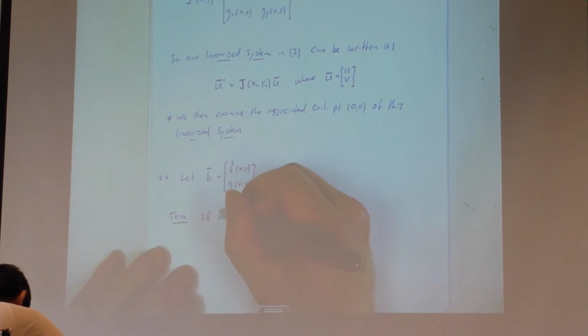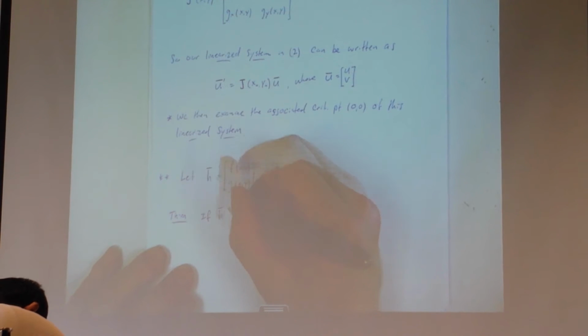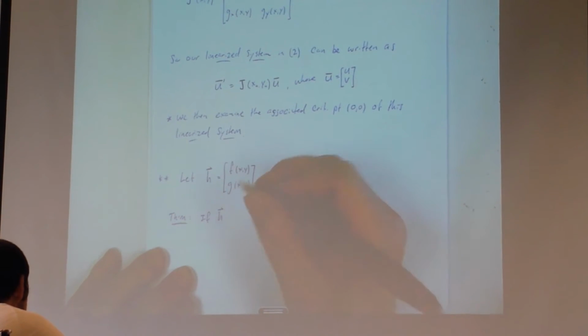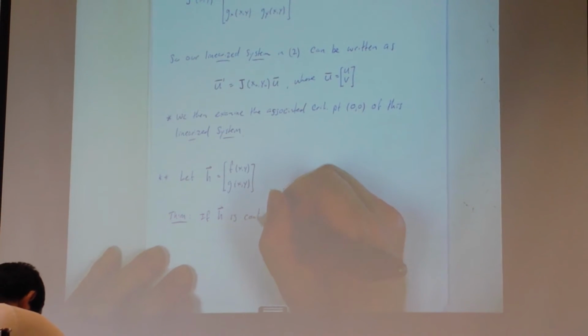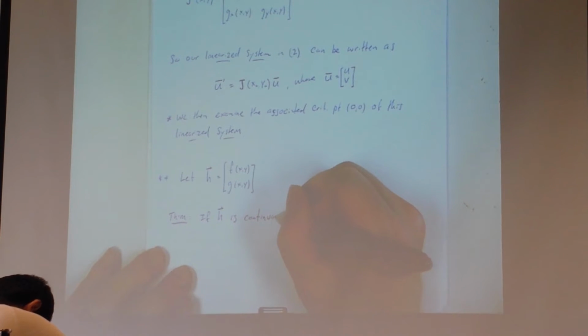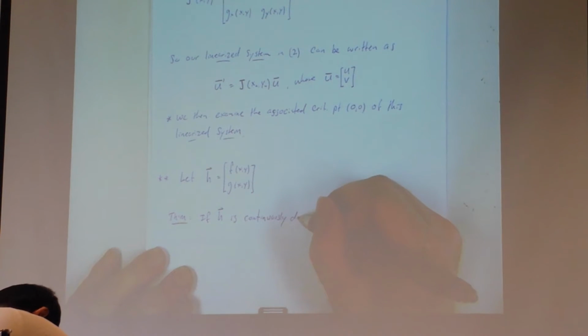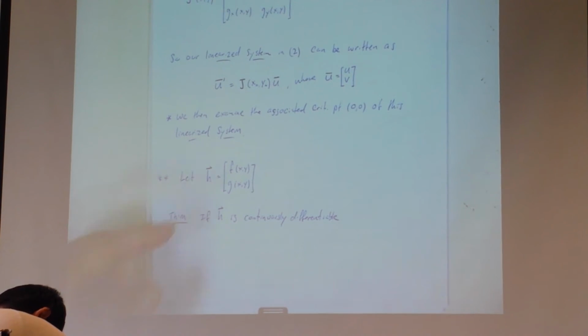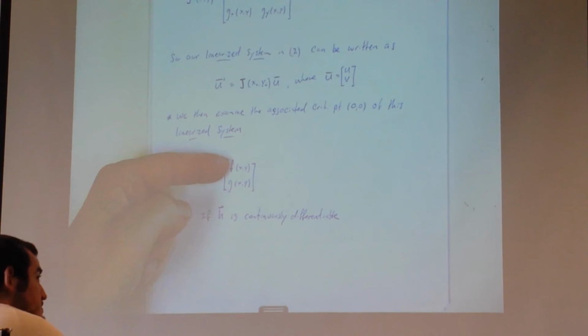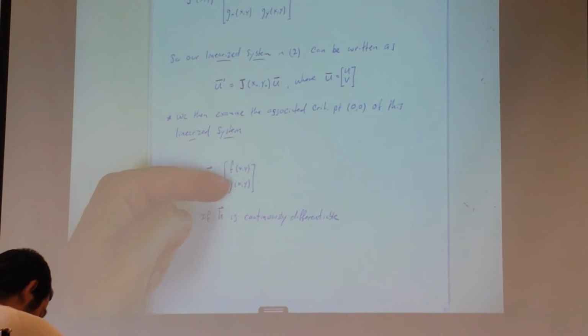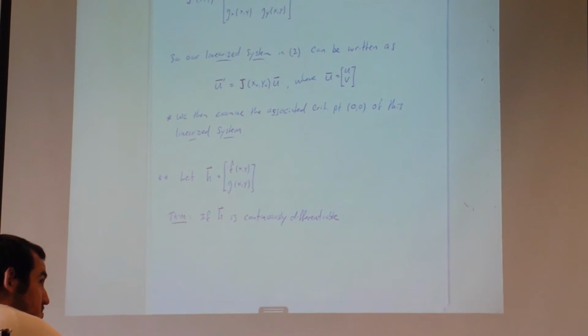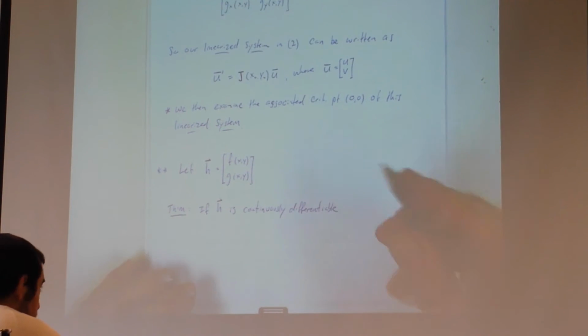If that vector function h is continuously differentiable, that means the partial derivatives of both f and g exist and are continuous, I believe. That's the criterion.